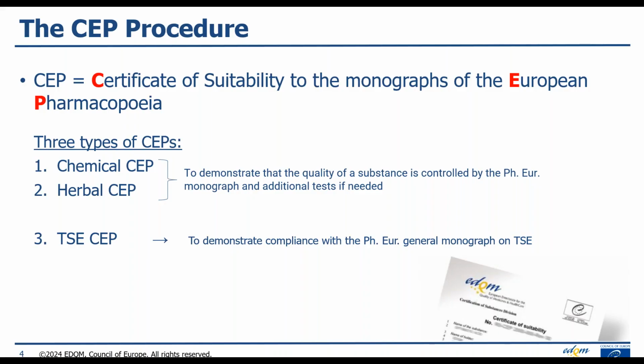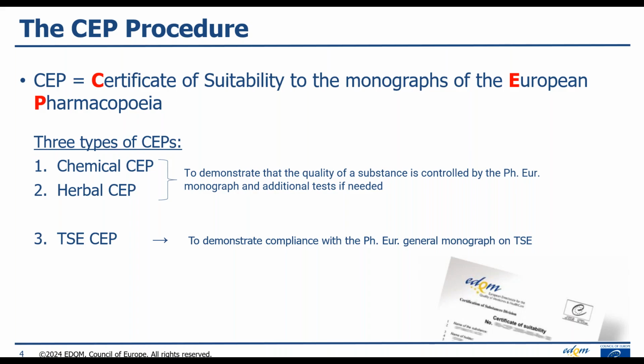CEP stands for Certificate of Suitability to the Monographs of the European Pharmacopoeia. As the name implies, this would only be for substances which have monographs available. There are three types of CEPs: a chemical CEP, a herbal CEP, and a TSE CEP.